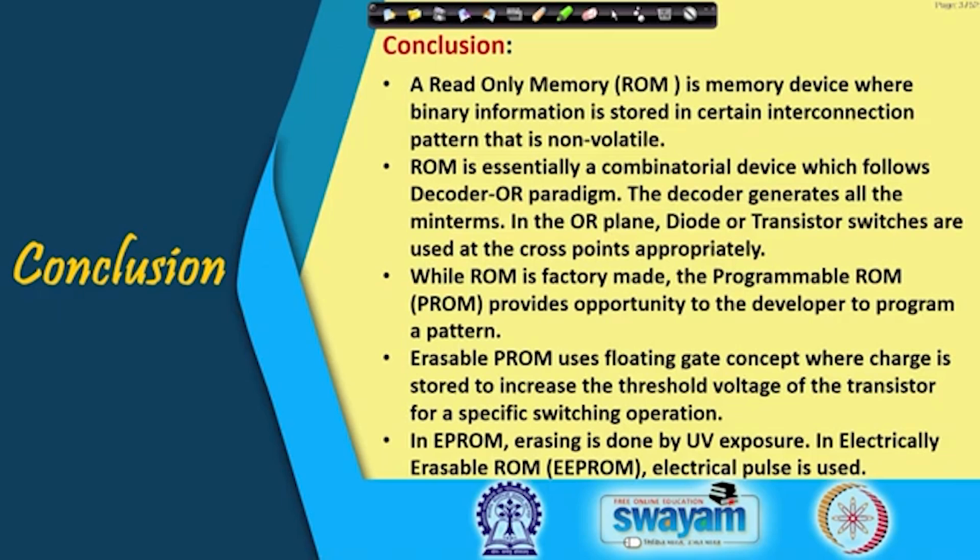ROM is factory made, but programmable ROM can be programmed by a developer to inscribe a particular pattern. Erasable PROM uses the floating gate concept, where charge is stored to increase the threshold voltage of the transistor for a specific switching operation. In EEPROM, erasing is done by ultraviolet exposure, and in electrically erasable PROM, an electric pulse is used for erasing purpose.